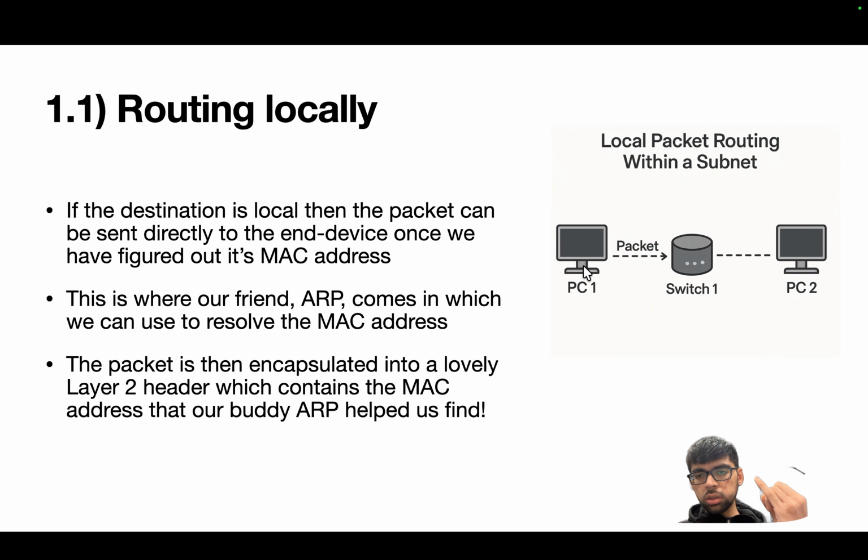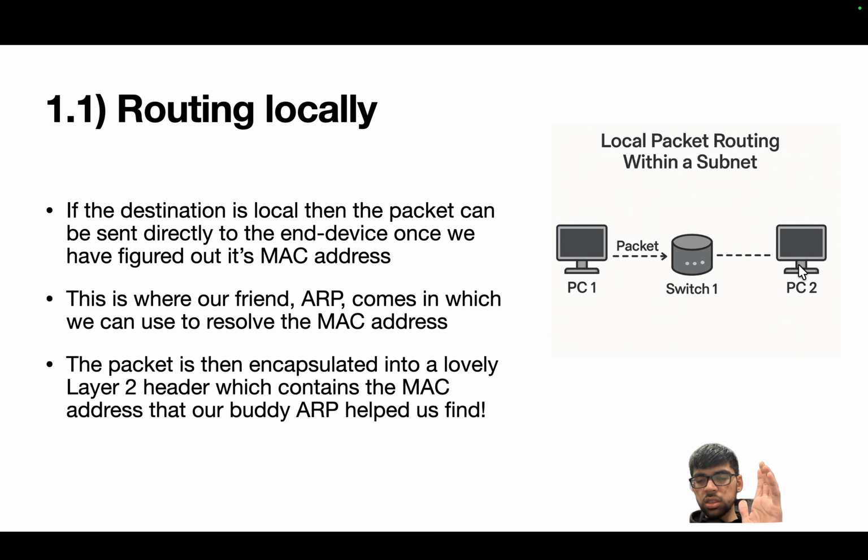What will happen is PC1 will send a broadcast out to all the clients connected to switch 1. Let's say we had PC3, 4, 5, 6, 7, 8 all attached to the switch, and PC1 wants to know the MAC address of PC2.